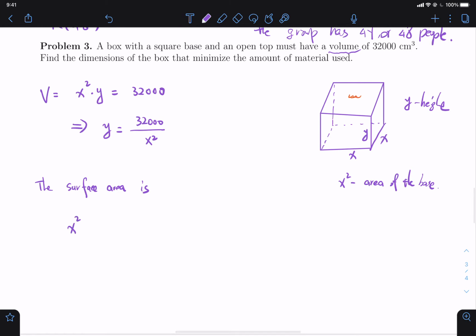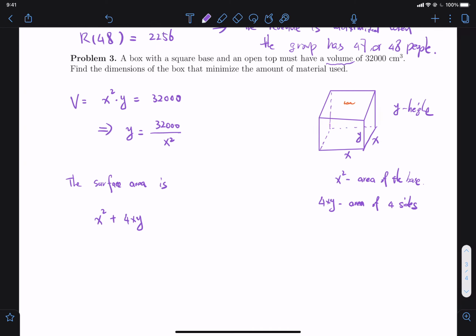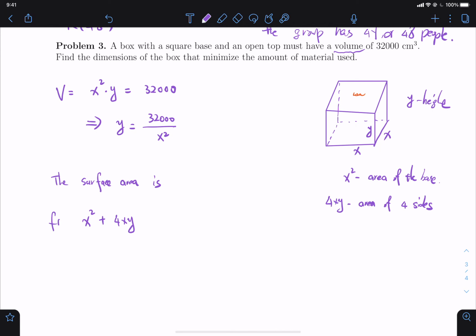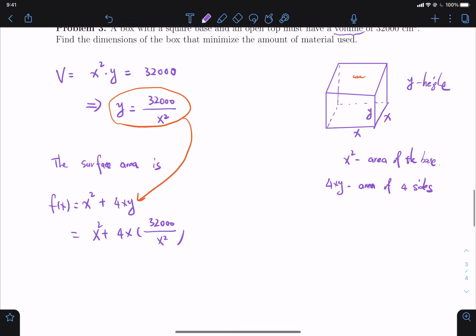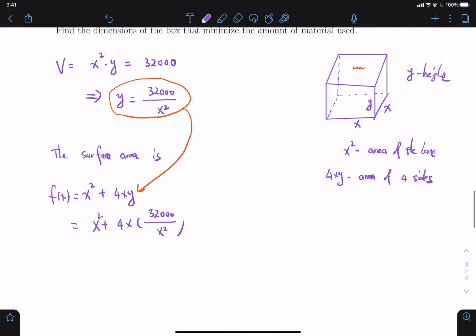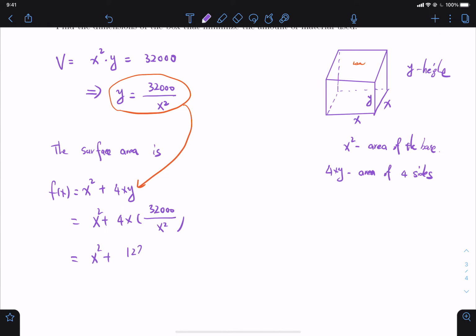So plus 4xy here. That is the target function, let's say f of x. And we're going to substitute into this function so that we only have one variable. So x squared plus 4x times 32,000 over x squared. So now the target function is written as x squared plus 128,000 divided by x.